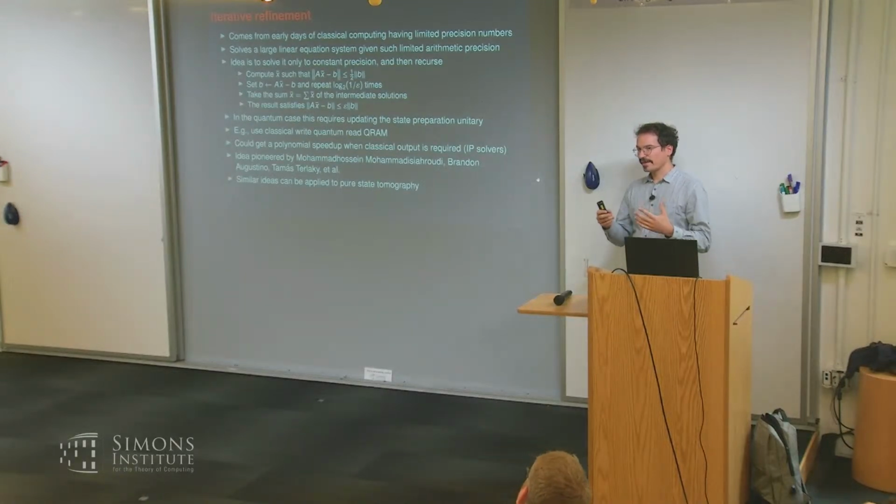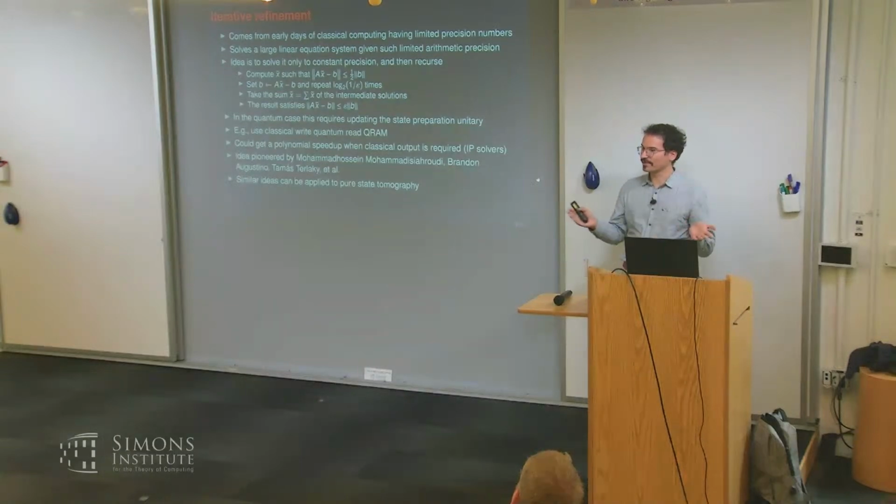In the case where you want a classical output, you will anyway pay a price of dimension linear at least, because you have to write down the output. And in that regime, it's very detrimental that you pay a lot for precision. But with this way, if you want a classical input, classical output, and speed up using a quantum subroutine, then it's better to do it this way, because then the precision dependence becomes logarithmic.